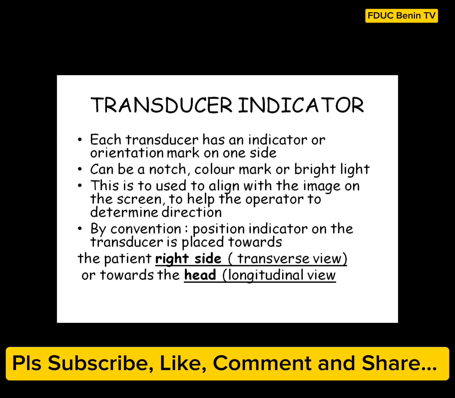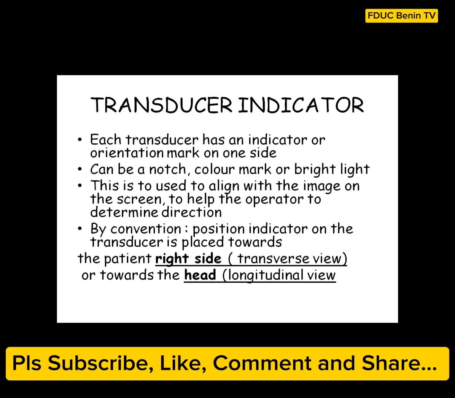So normally there's a convention that the marker, when you are on the longitudinal plane, should face the patient's head, while on the transverse plane, it should be to the patient's right. So that transducer marker will help you to make sure that you hold your probe properly in the right orientation.